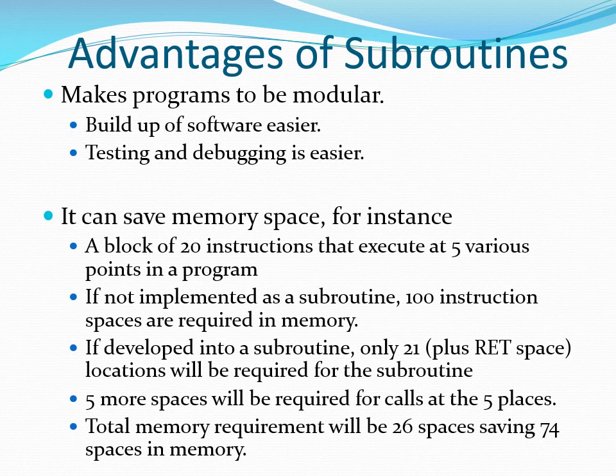The 21st location is for the return instruction. 5 more spaces will be required for the calls at the 5 different places. The total memory requirement will be 26 spaces. Therefore, 74 spaces in memory have been saved.